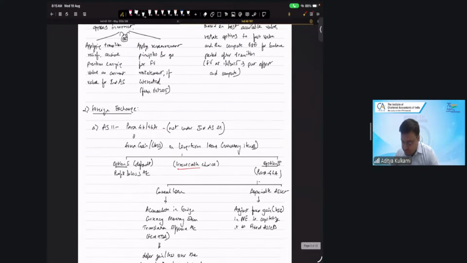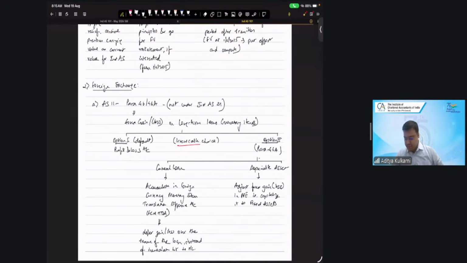Okay, now foreign exchange. You have studied AS 11, right? You may not remember it right now, that is a different matter, but you have studied AS 11. Now AS 11 dealt with foreign exchange gain or foreign exchange loss, effects of changes in foreign currency rates. Yes or no?